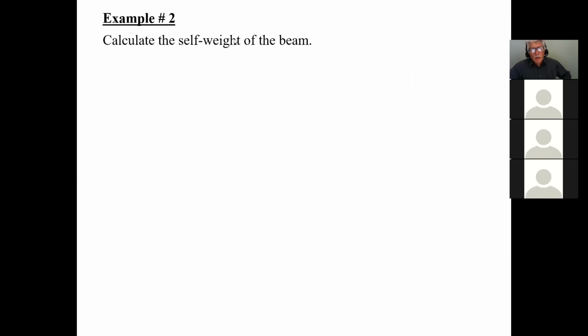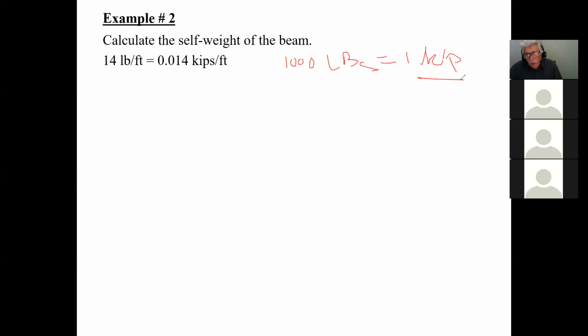So now, calculate the self-weight of the beam. Well, it's very simple. I've got 14 pounds per foot. I don't know if you guys know this, but 1,000 pounds is equal to one kip. A kip is 1,000 pounds at a time. That's why we have kips, because when you're talking about very heavy loads, it's easier talking kips than pounds, especially when you're doing bridges.